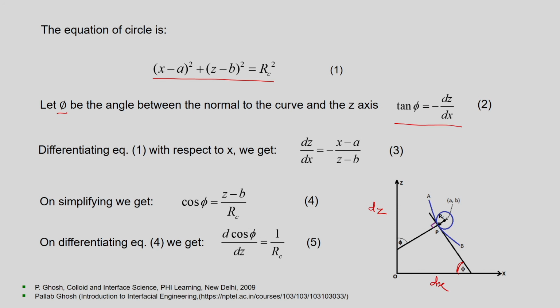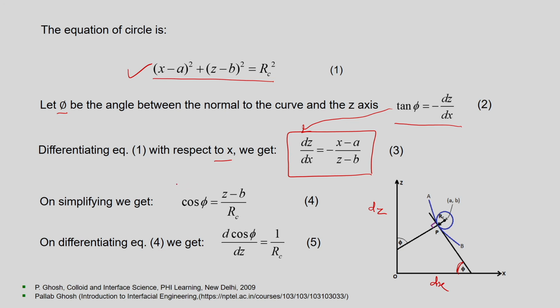Now you differentiate equation 1 with respect to x, and you will get this term. Here you have dz by dx, you put this tan phi here, and then you also write down what is cos phi.